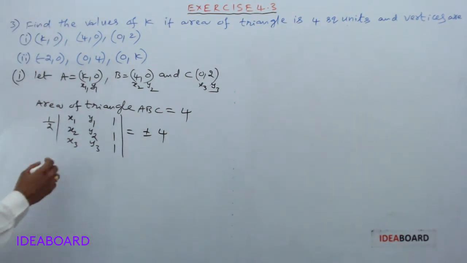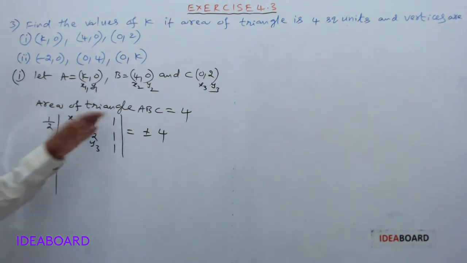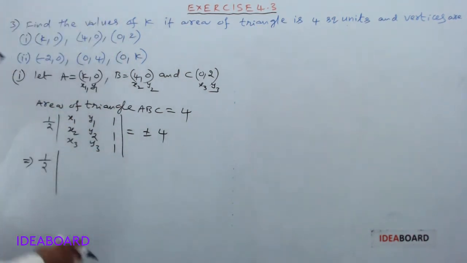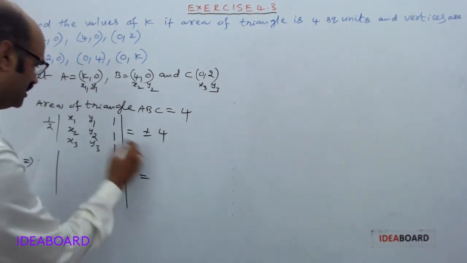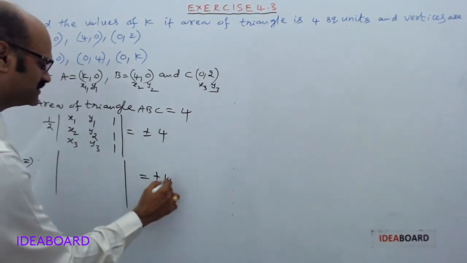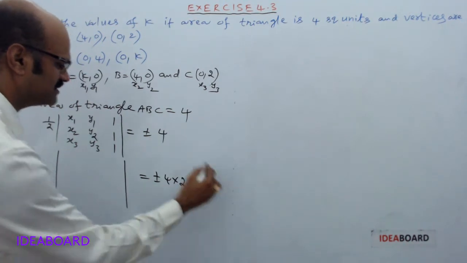Then it implies we have half into the determinant, and 1 by 2 goes from LHS to RHS, so the determinant equals plus or minus 4 into 2, which is plus or minus 8.